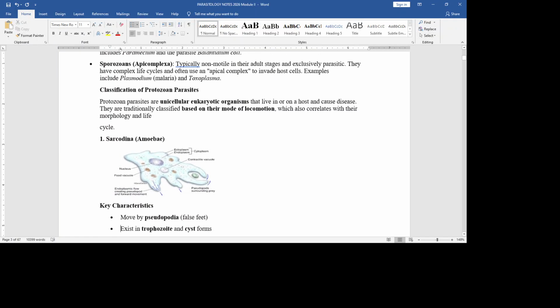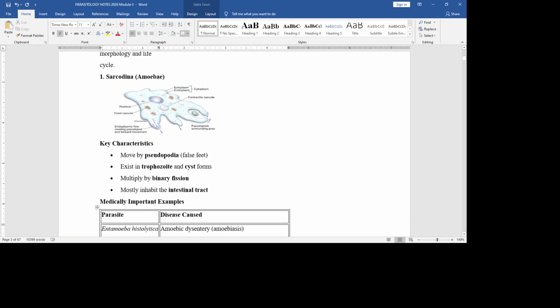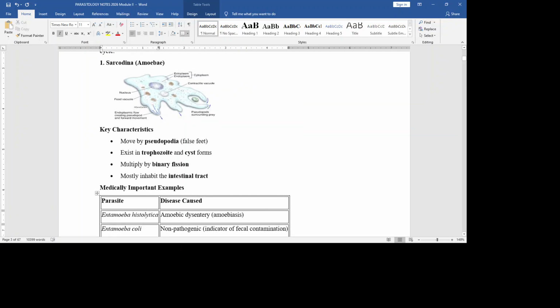Now, with that brief introduction, let us look at individual key characteristics or salient features of each class of protozoa, and we'll start with the sarcodina or the amoeba. Very important to start with is the mode of locomotion, in that they move with the help of the false feet or the pseudopodia.